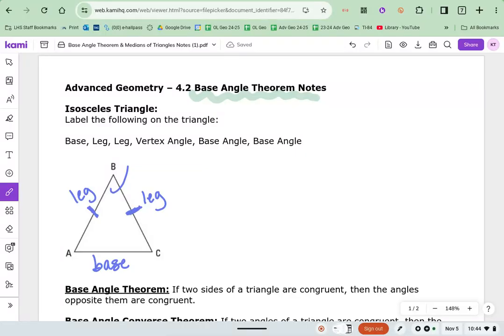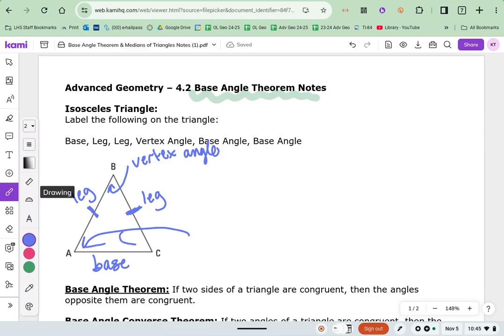The angle that's in between your two legs is your vertex angle. And then your other angles, here and here, those are your base angles because they are attached to the base.